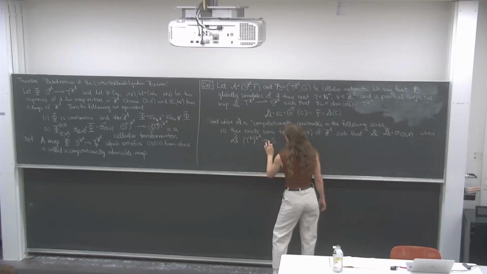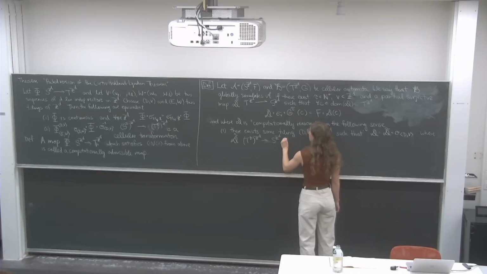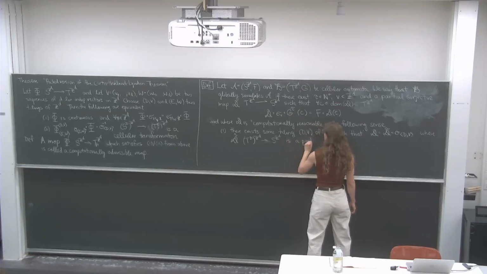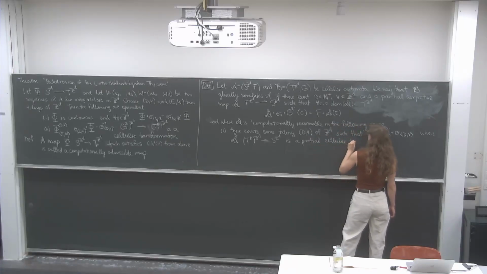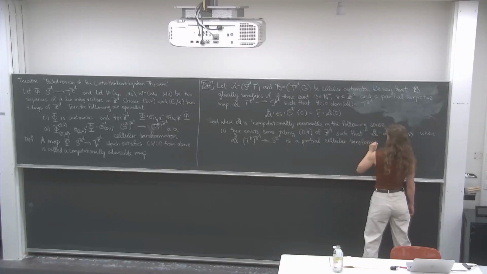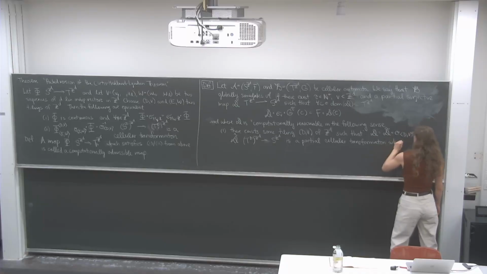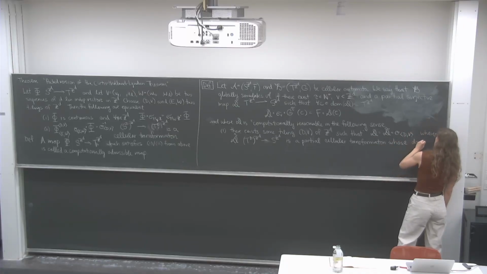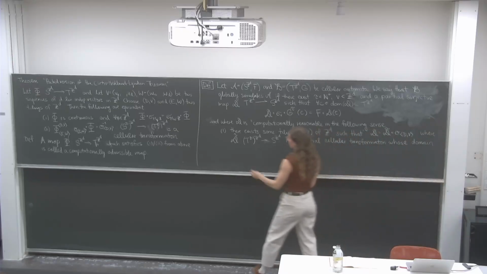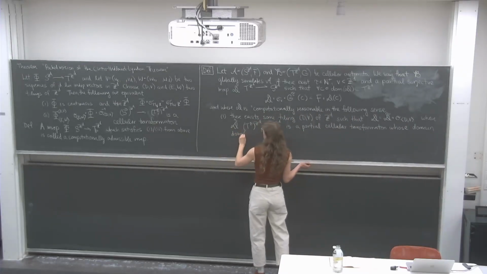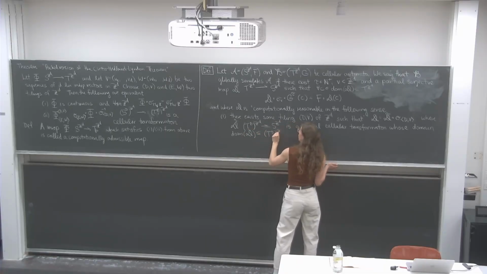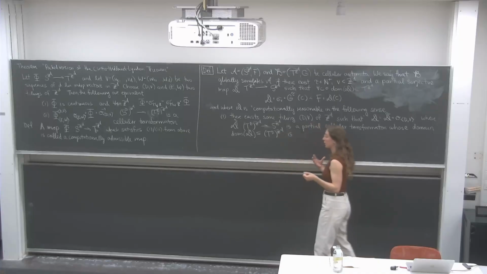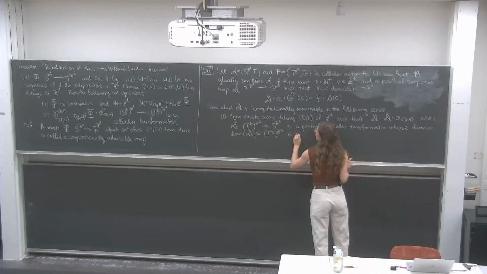So it's a partial map to S to the Z to the D, a partial cellular transformation whose domain, dom D tilde, which is a subset of these packed configurations, is another computationally reasonable object, so a subshift of finite type.